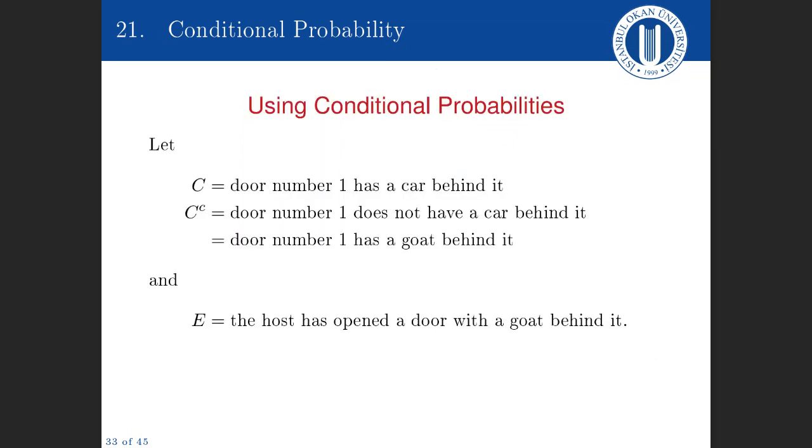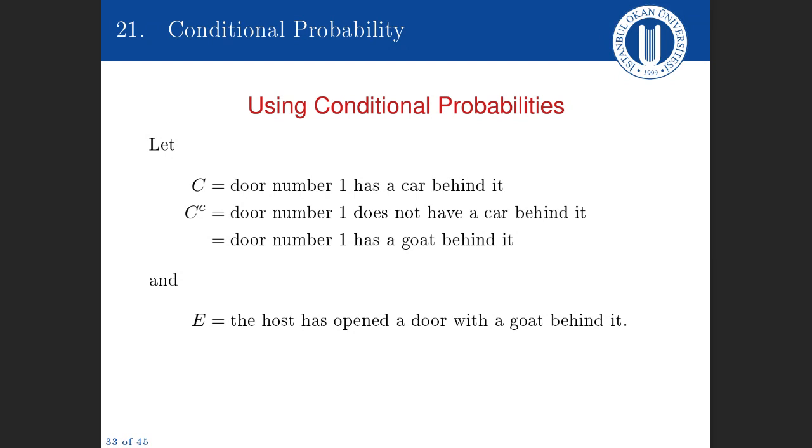Let's answer this question again. Let's answer this using conditional probabilities. Let C be the event that door number 1 has a car behind it, and let C complement be the event that door number 1 does not have a car behind it. So in other words, C complement is going to be the event that door number 1 has a goat behind it.